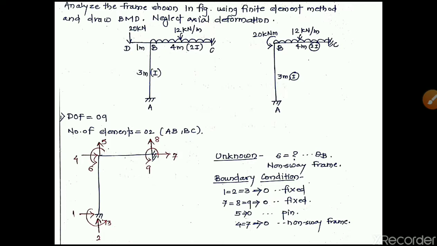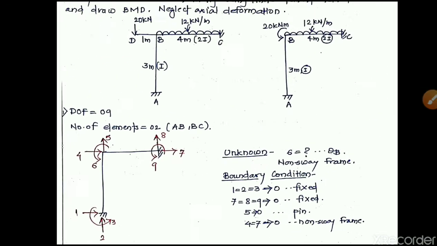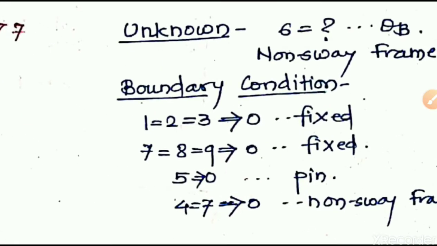As for boundary conditions, in this figure A and C supports are fixed supports. So at A and C supports, degrees of freedom number 1, 2, 3 and 7, 8, 9 are 0 because of fixed support.